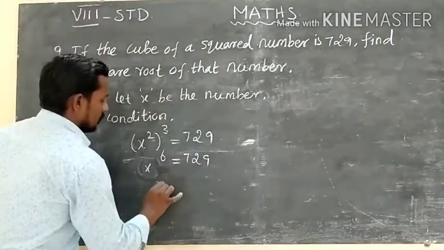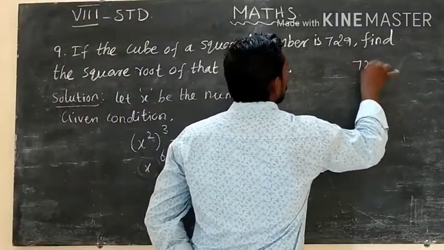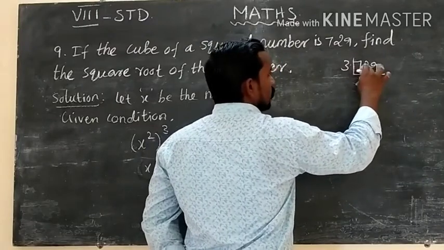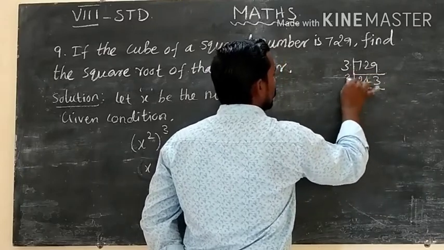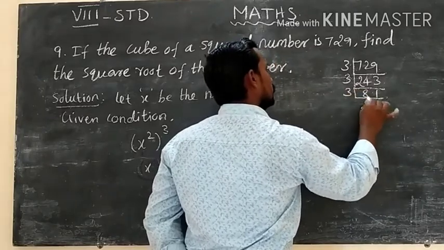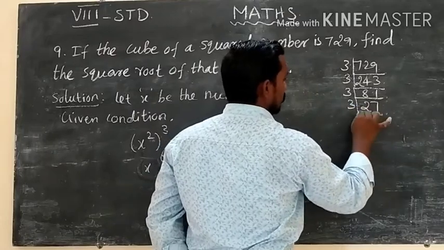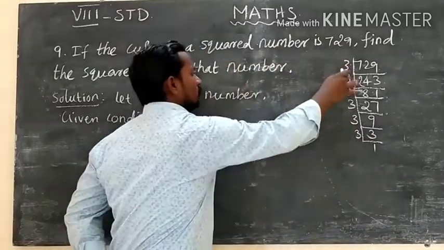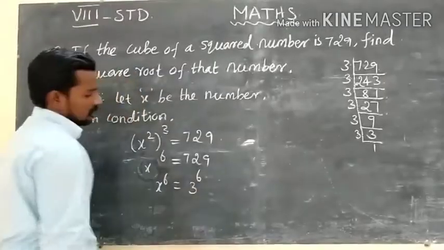Using prime factorization of this number 729, this is the third table. 3 threes are 9, 9 threes are 27, 27 threes are 81, 81 threes are 243, 243 threes are 729. Count: 1, 2, 3, 4, 5, 6. So we get 3 power 6.